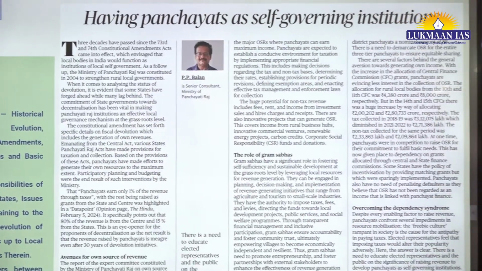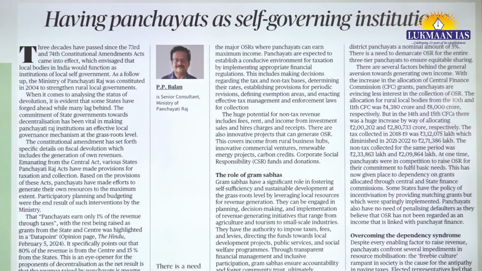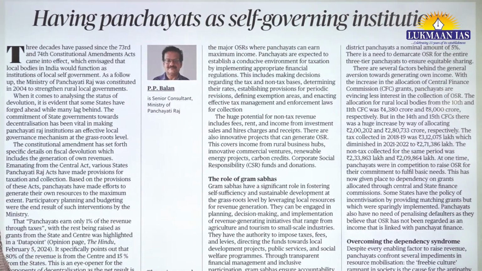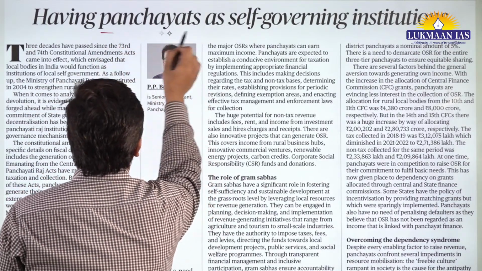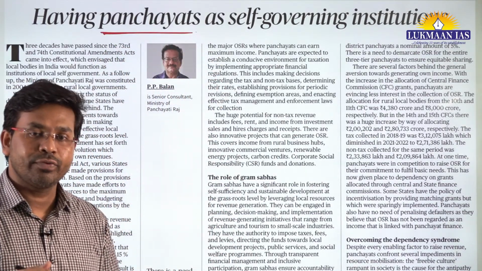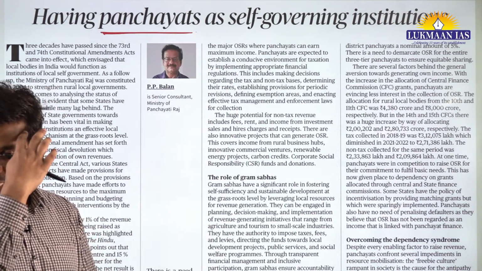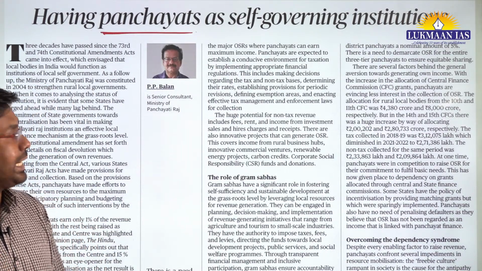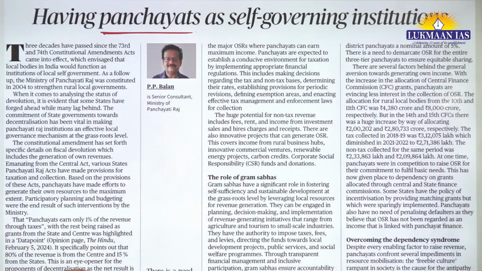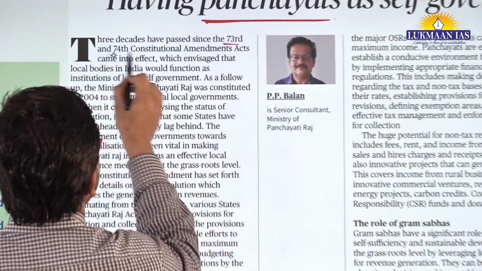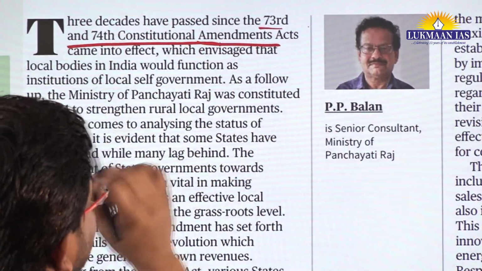So this is another article. This article says having panchayats as self-governing institutions. Okay, so when we talk about panchayats, the Union Government of India enacted legislation in 1993, long back, the 73rd and 74th Constitutional Amendment Acts.